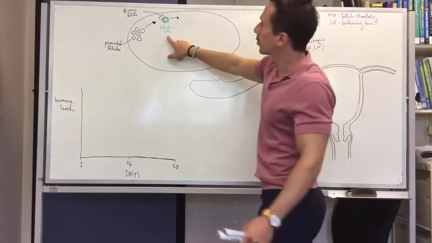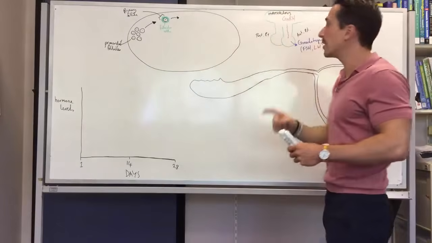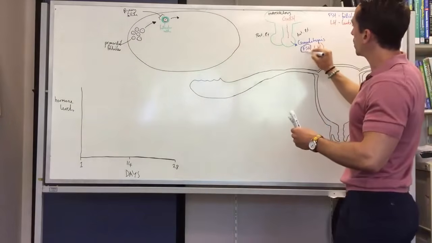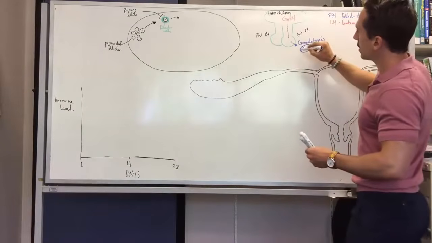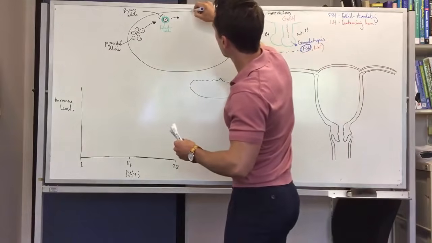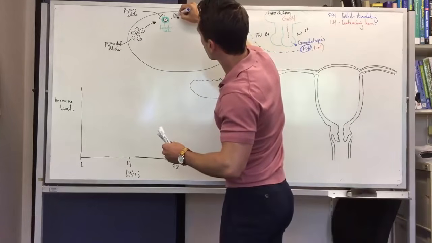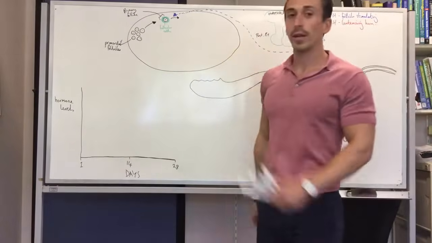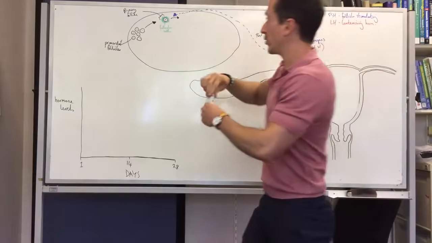So, the primary follicle will not turn into a secondary follicle until FSH is released from the anterior pituitary gland. And FSH, like I said, is going to travel to the ovary and stimulate primary movement to secondary follicle.